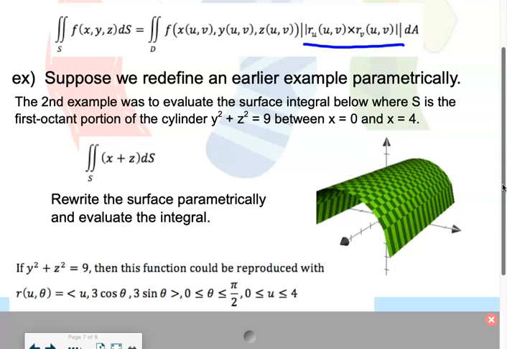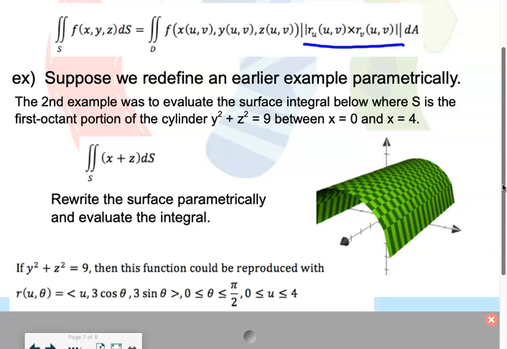In this case, our x is just the height of the cylinder, so I called it u. The radius is a constant 3, so I get x equals u, y equals 3 cosine theta, z equals 3 sine theta, and now I've generated my cylinder.